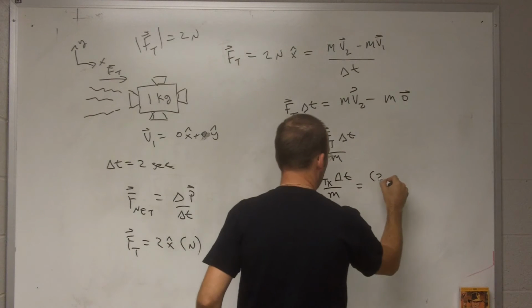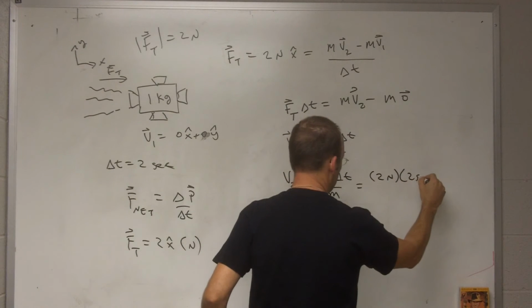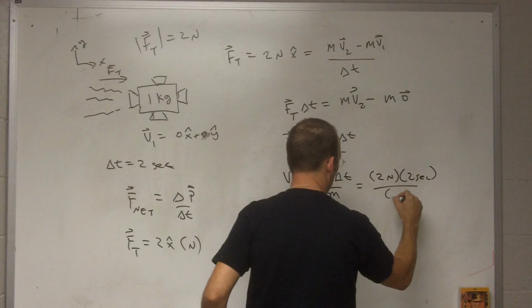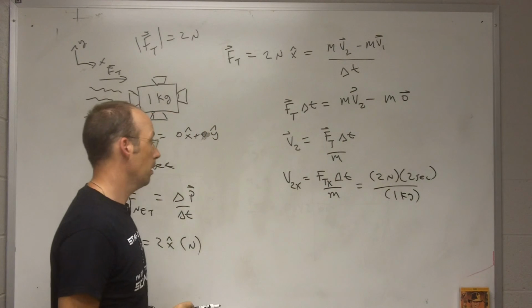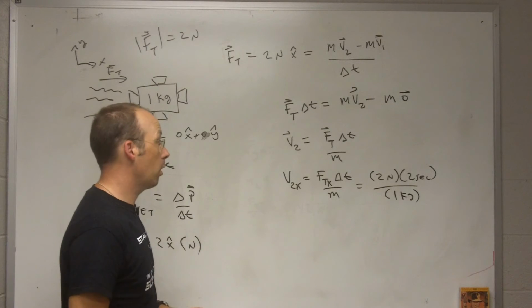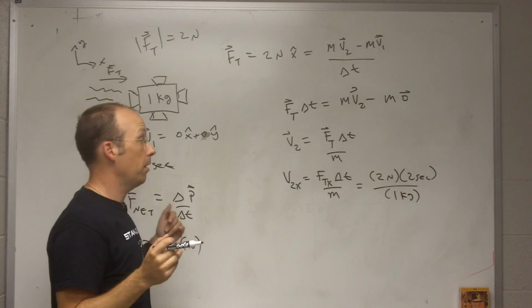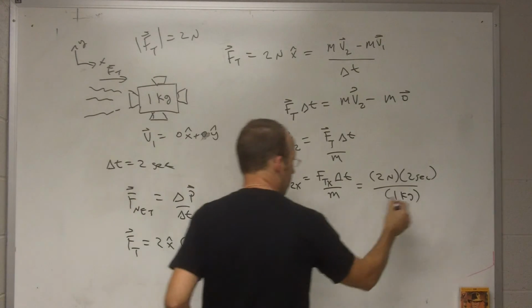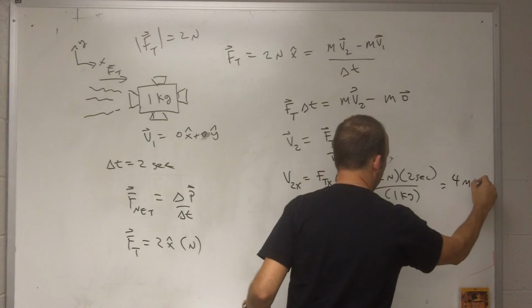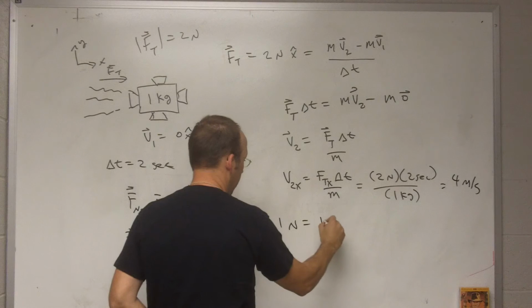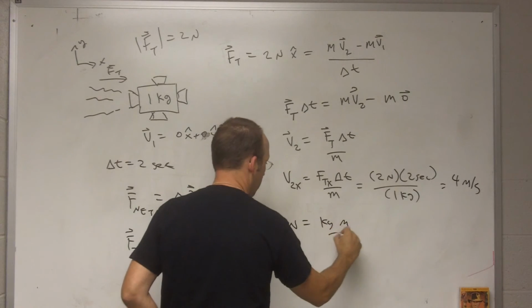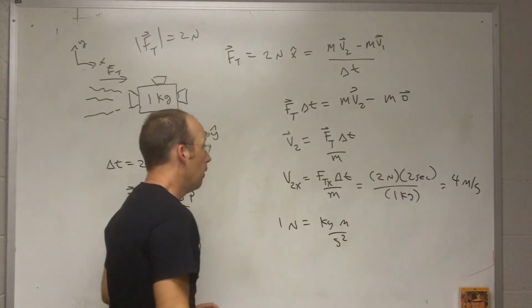Now I can find what those things are. I had 2 newtons, 2 seconds, over 1 kilogram. So that's 4 newton seconds per kilogram, which is 4 meters per second, because 1 newton is a kilogram meter per second squared.